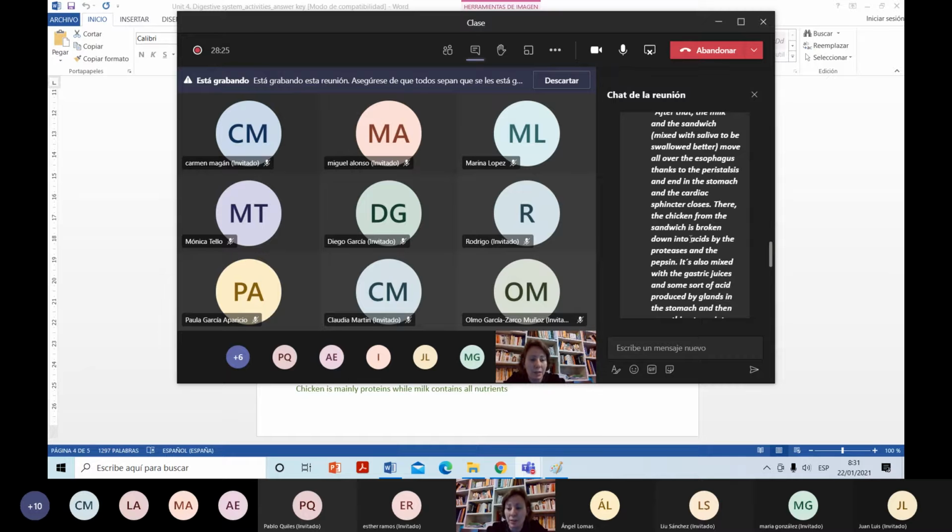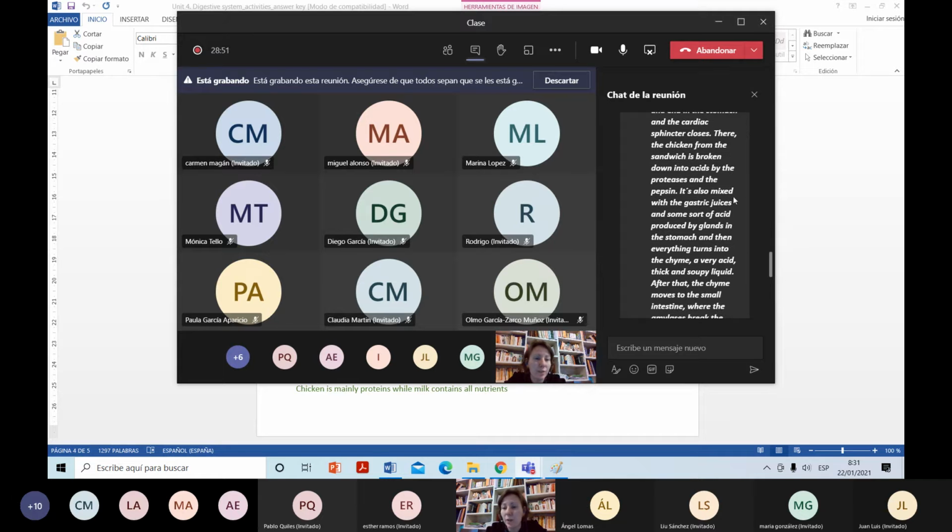Acids act on the food, but it is broken down into amino acids, which are the components of proteins, thanks mainly to this enzyme pepsin. Milk also contains proteins, so apart from this chicken, milk will also receive the action of this pepsin.